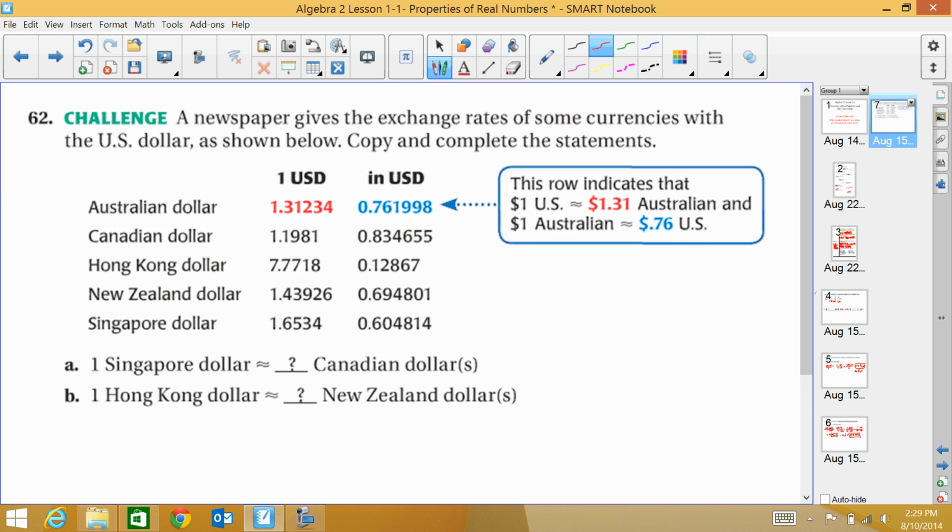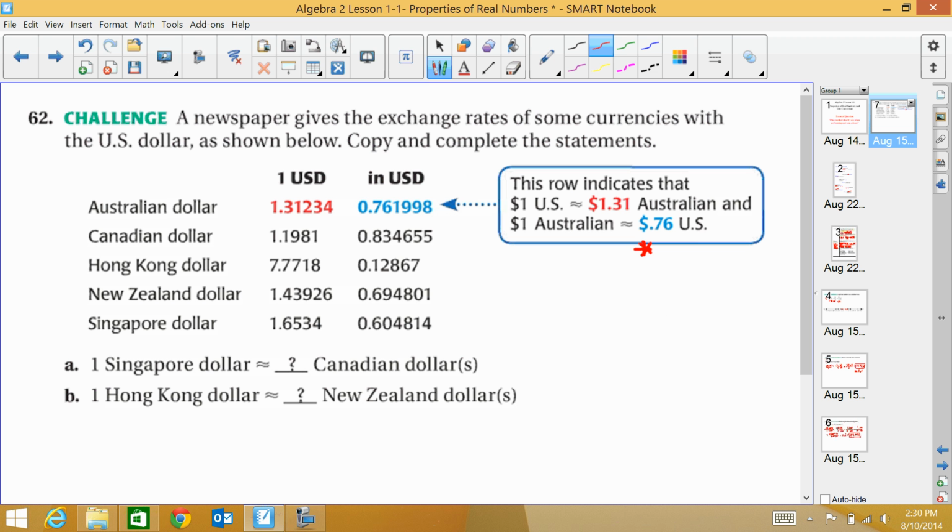This one is really cool, especially if you like to travel or if you plan on working at a bank. So a newspaper gives the exchange rates for some currencies with the US dollar as shown below. Copy and complete the statements. So they're telling you what this chart means right here.